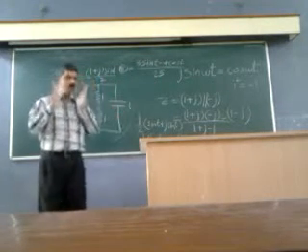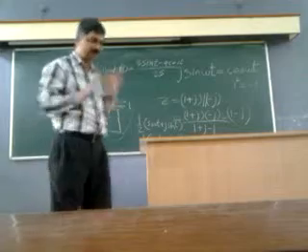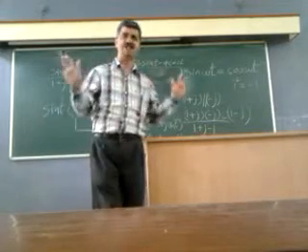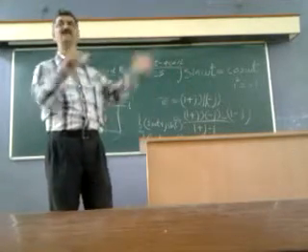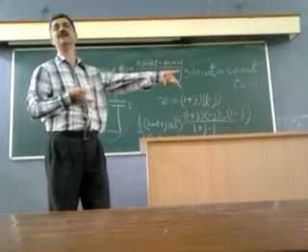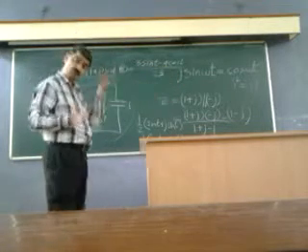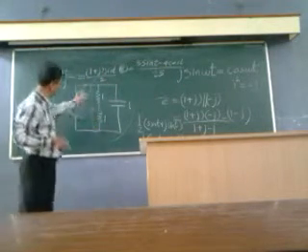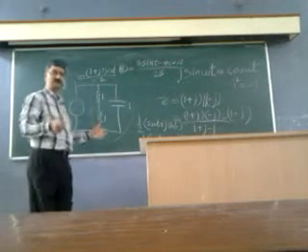Is it clear? What we want to show is that everywhere there will be sinusoids of the same frequency, different phase and different amplitude, and you can find the voltage across all points.